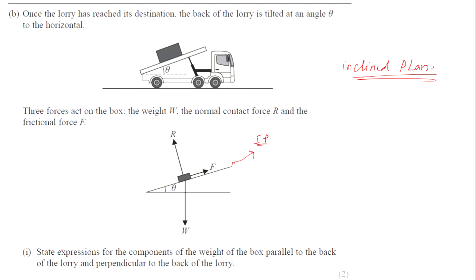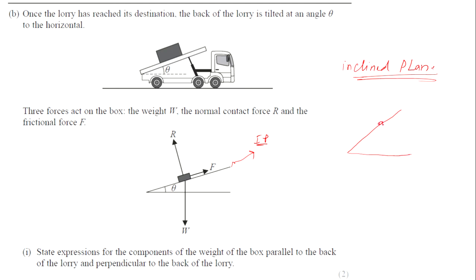State expression for the component of the weight of the box parallel to the back of the lorry and perpendicular to the back of the lorry. If you have studied inclined plane as a separate topic, you know that for an inclined plane, the key idea is you need to understand the component of the weight.